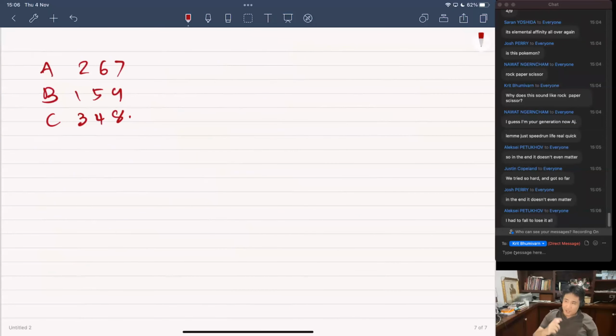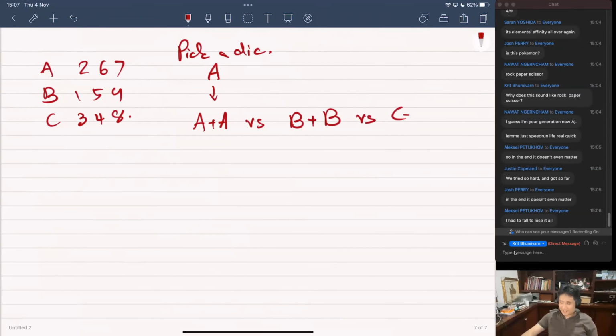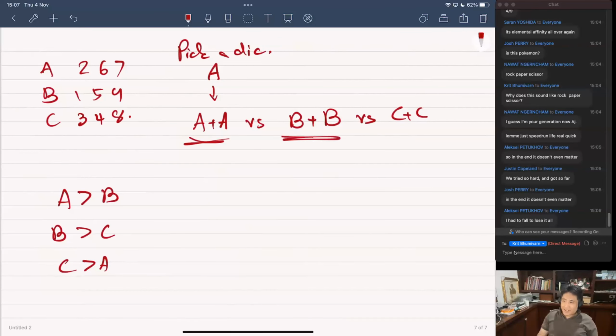In the homework, you're gonna show that if I ask you to pick a dice, and if you pick A, but I ask you to toss it twice, so that means A plus A versus B plus B versus C plus C. By that, you know that A is better than B, right? And B is better than C, and C is better than A. Let me ask you, A plus A and B plus B, who do you think gonna win?